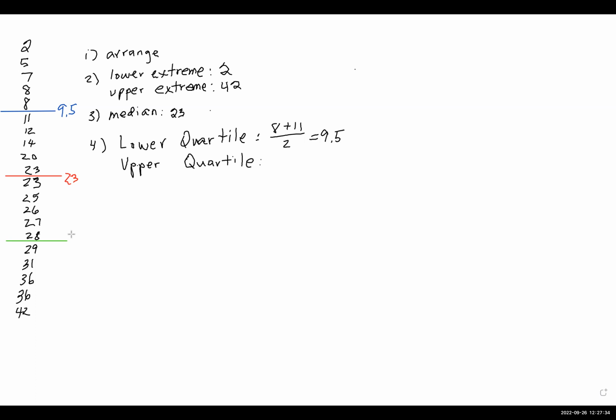We do what we did last time. I got 28.5. That sounds very reasonable. 28 plus 29 divided by 2, and you're telling me that's 28.5.